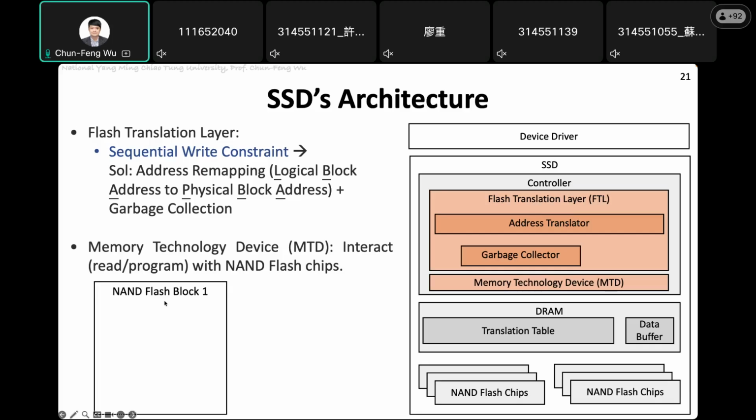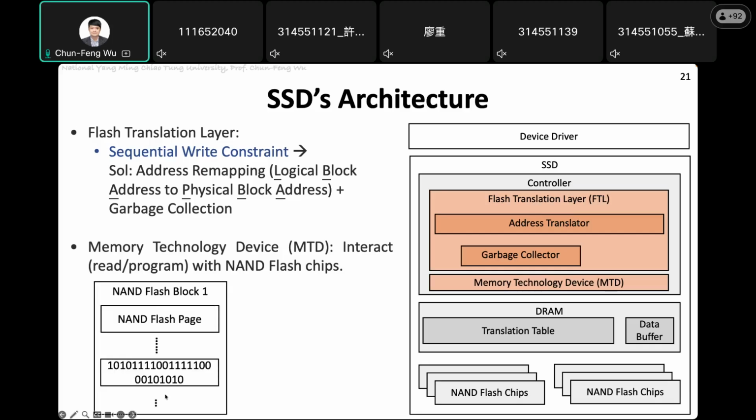Given an example, this is called NAND flash block 1. There are a lot of NAND flash patches, right? For each NAND flash patch, there is a physical block address. You can think of it as very similar to the physical address in the operating system.